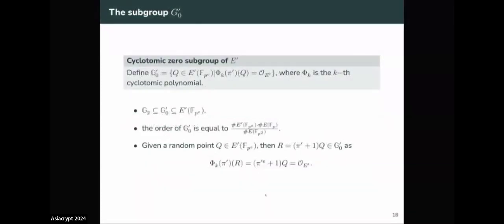Before that, we first define a subgroup G2 prime, and by this definition, we can say that G2 is a subgroup of G2 prime. By using the Mobius inversion formula, we can determine the order of G2 prime. Given a random point Q in E prime over Fp^(2e), we can map it into the group G2 prime by using the map pi prime minus 1.